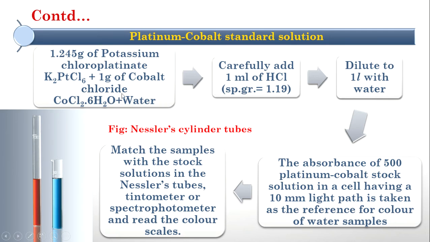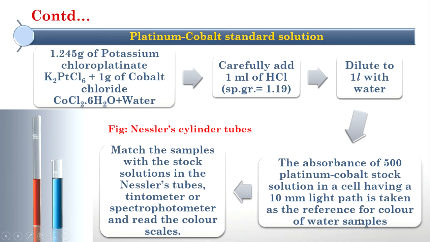We will carefully add some hydrochloric acid with a specific gravity 1.19 into the solution, and then dilute it with water to 1 liter. For this solution, the absorbance of 500 platinum cobalt stock solution in a cell having 10 millimeter light path is taken as the reference for color of water samples.